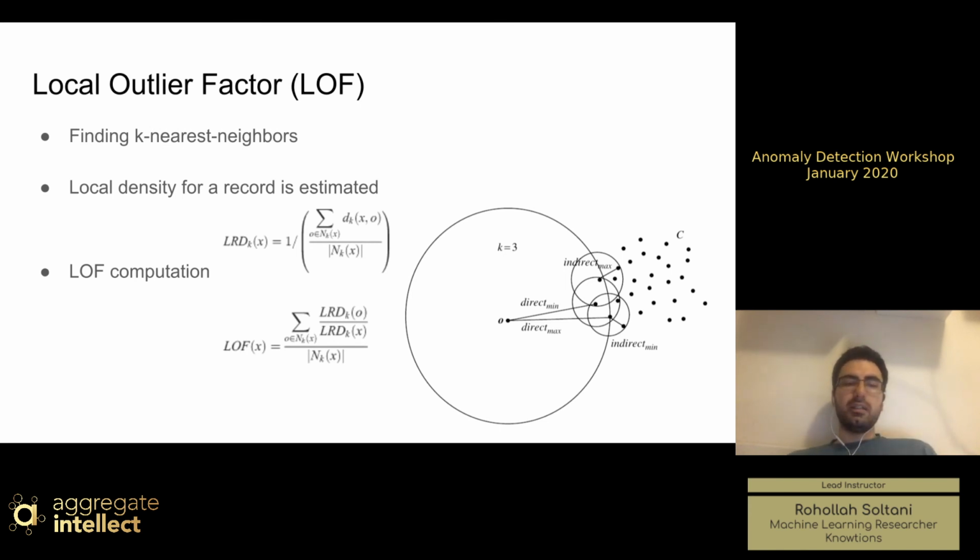So here I just want to say that this was a wrap up of some of the statistical and distance-based models that you can use to find anomalies in your data.